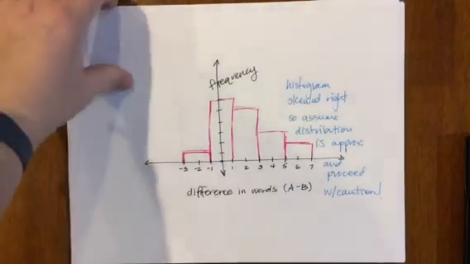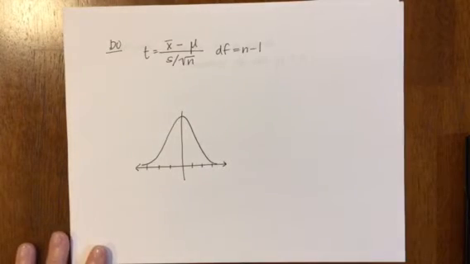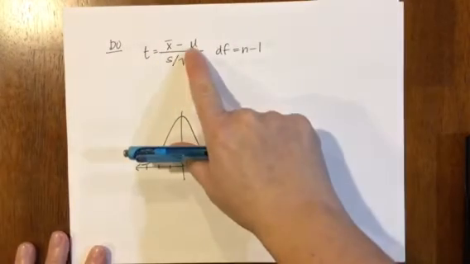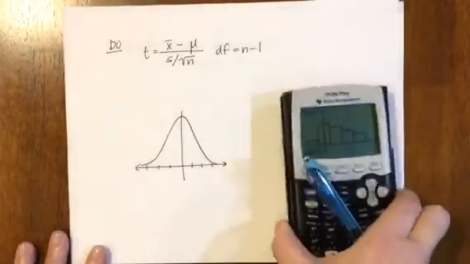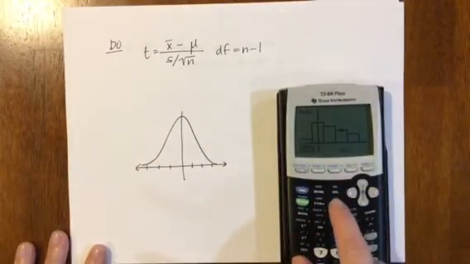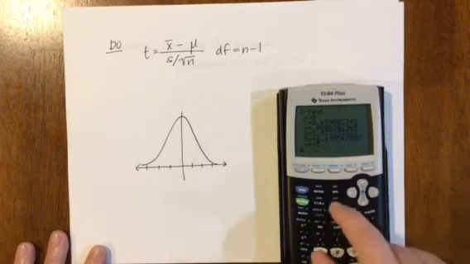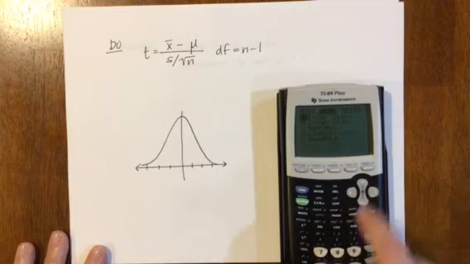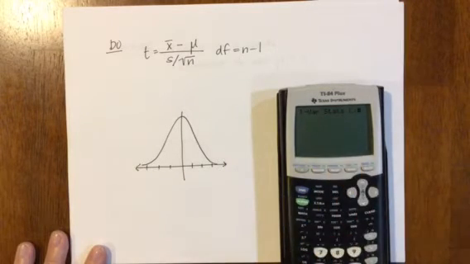Okay, so now moving on, I'm ready to do the problem. So to do the problem, the formula is statistic minus parameter over standard deviation of the statistic. So if I wanted to do this by hand, I could go to my calculator and go to stat calc 1 and pull up all the statistics for list 3.